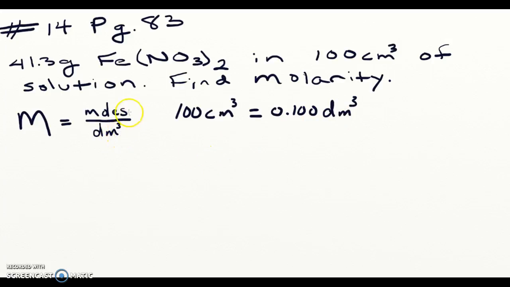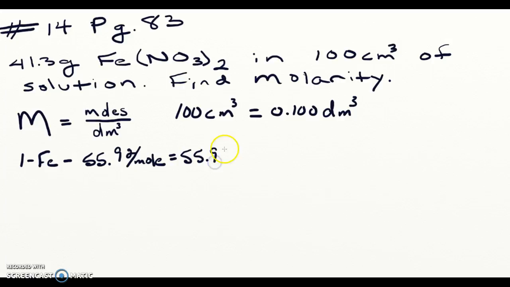We have our denominator. Now we need to change this to moles. In order to go from grams to moles, we need to use our periodic table. So here's how it works. I have one iron in the compound, just one iron, and I'm going to write out its mass. I found it to be 55.9 grams per mole. Since there's only one, it'd be 55.9 times 1, 55.9 grams per mole.